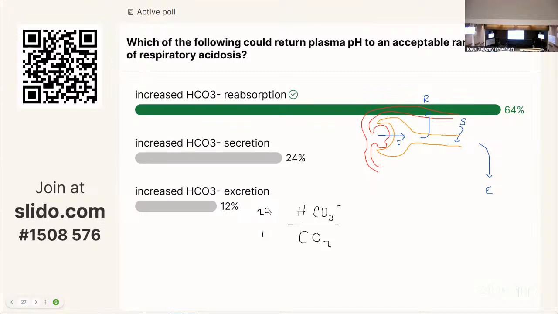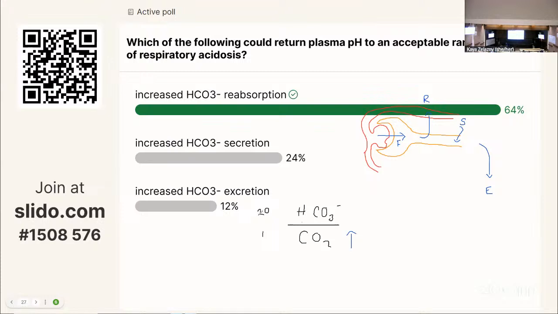So in respiratory acidosis, we're too acidic. Carbon dioxide is our acid in this ratio, so respiratory acidosis means our carbon dioxide level went up. Too much carbon dioxide in the blood.